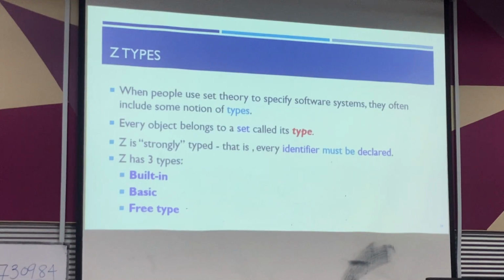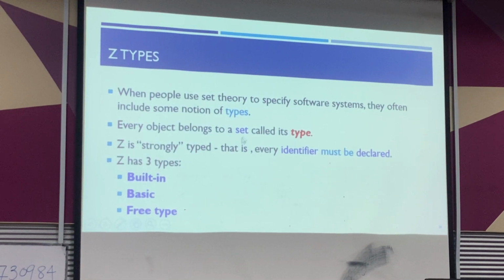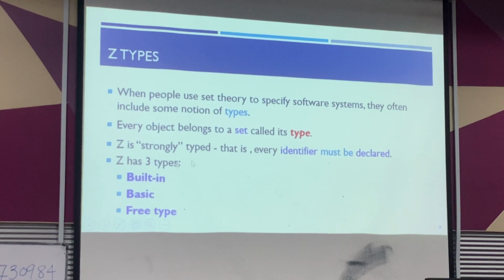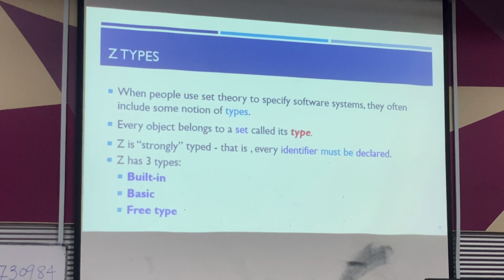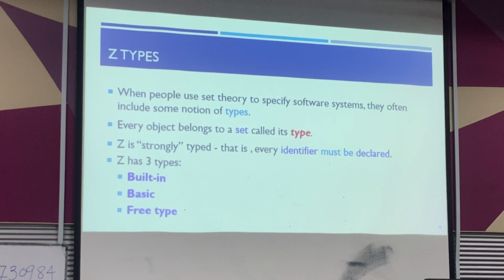So we have 3 different types used in our Z schema: built-in, free type, and basic type.